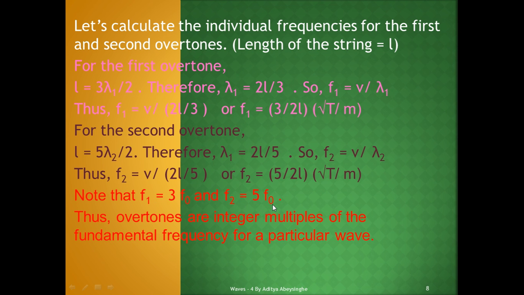So we can say that F1 is equal to 3 times F0 and F2 is equal to 5 times F0. Now 3 and 5 are both integers, so we can conclude that overtones are integer multiples of the fundamental frequency for a particular wave.